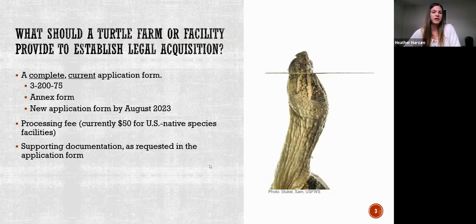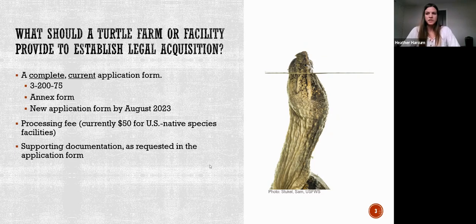So what should a turtle farm or a facility provide to establish legal acquisition? They're going to submit to our office, since the Division of Management Authority works directly with the applicant, a complete and current application form.